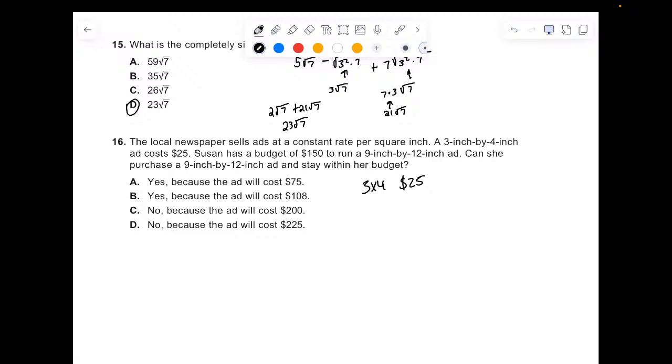Okay, so we're just going to find how much it costs per square foot. So 3 inches by 4 inches is equal to 12 inches divided by $25. I don't think that comes out nicely, does it?